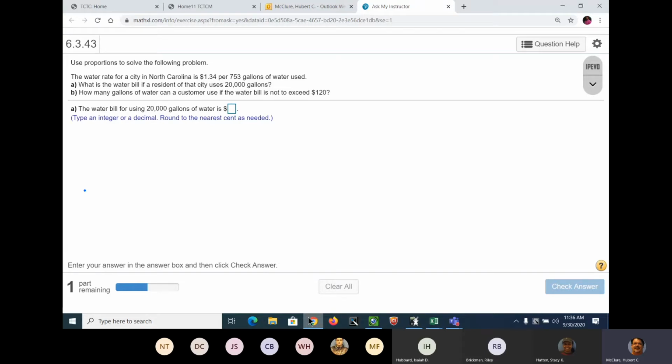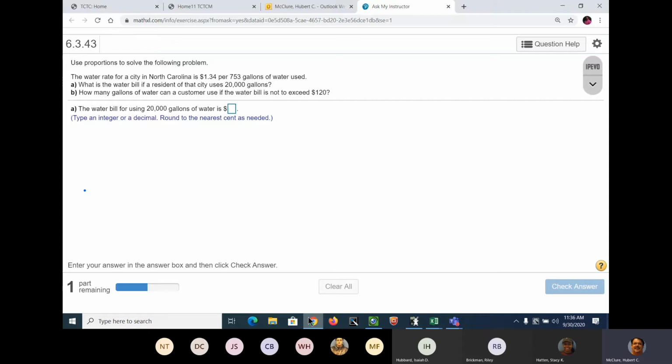Now let's check our units. Gallons goes out, so that leaves dollars. So at least we got the dollars to come out. So that's going to be $1.34 times 2.0 times 10 to the fourth, over 7.53 times 10 to the second.